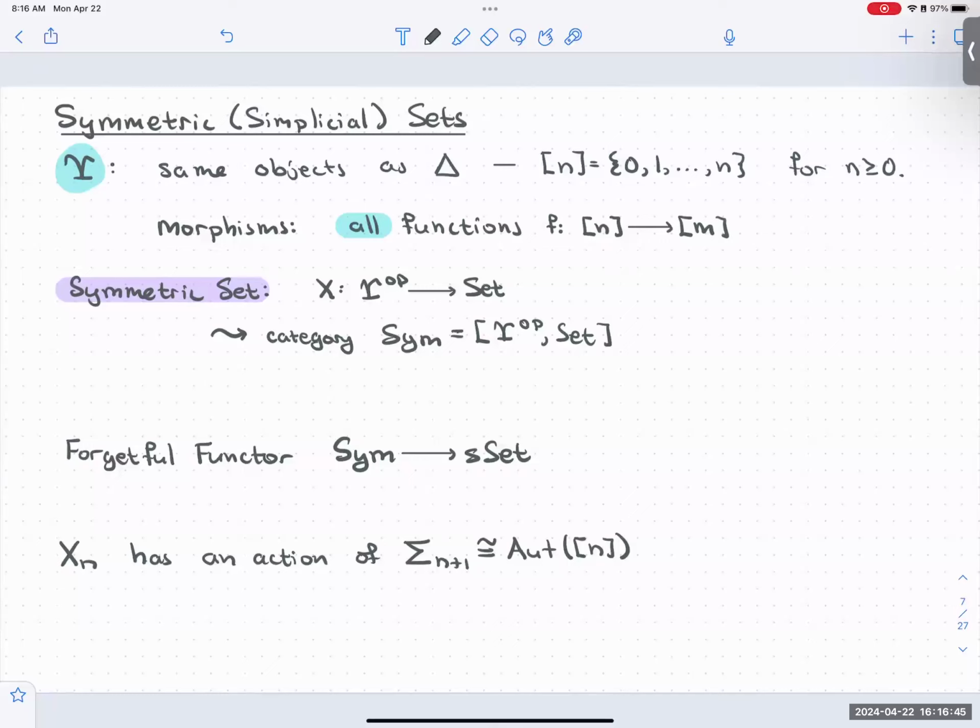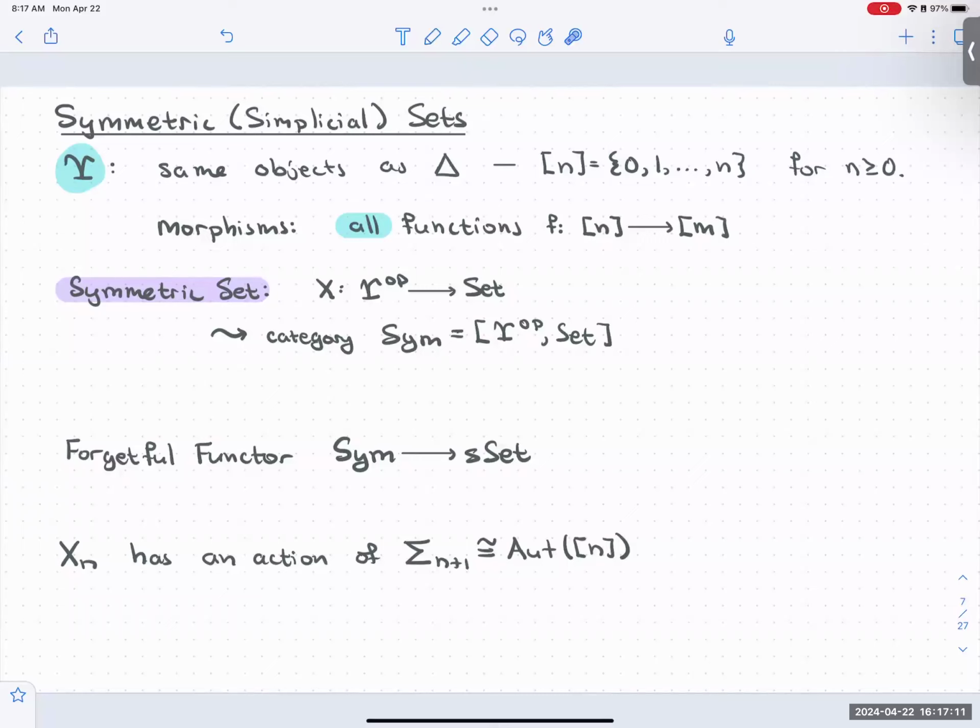And then a symmetric set, just mimicking a simplicial set, is a contravariant functor. And we get this functor category sim, which consists of all the symmetric sets. Okay. So these are just simplicial sets with some additional structure. So you have more, this bigger category acting on your graded set.